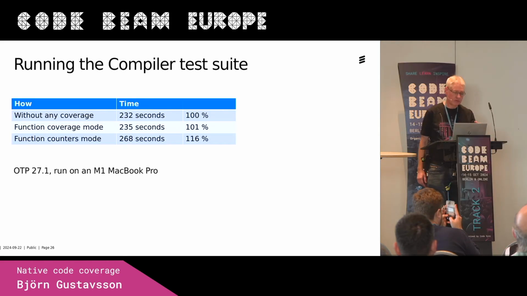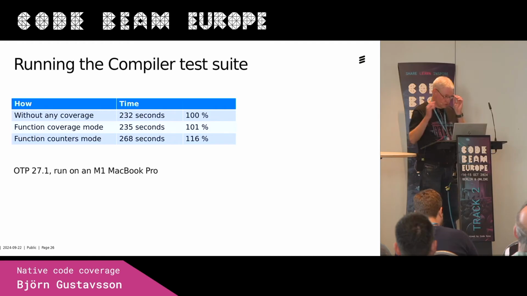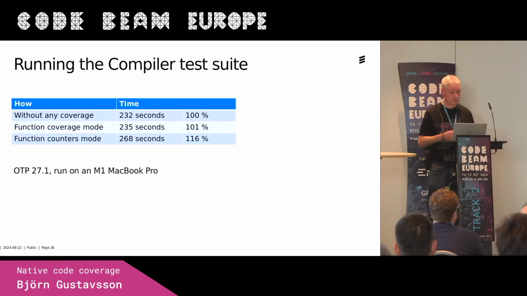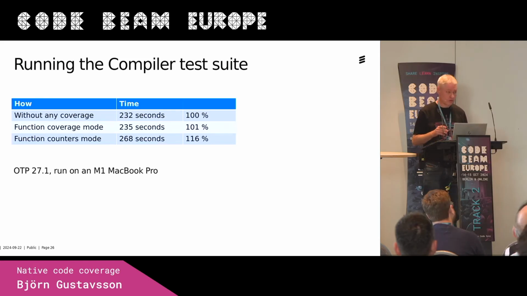But if you want the counters, it's 36 seconds slower, or 16%. So that makes a difference. If you want the least penalty possible, you can run the function coverage mode, which can also be very useful.